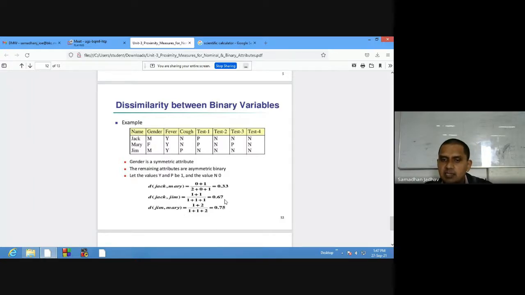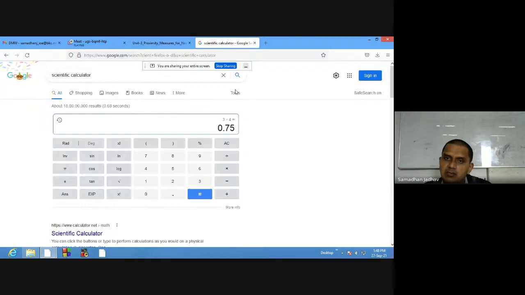Jack and Jim have 67% dissimilarity. Jack and Mary have 33% dissimilarity, right? If these are the values for dissimilarity, what will be the values for similarity? For Jack and Mary, similarity is 1 minus 0.33, which is 0.67.